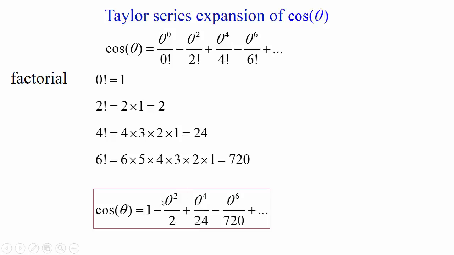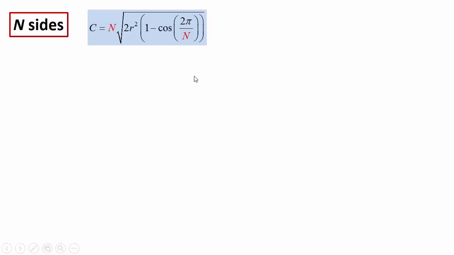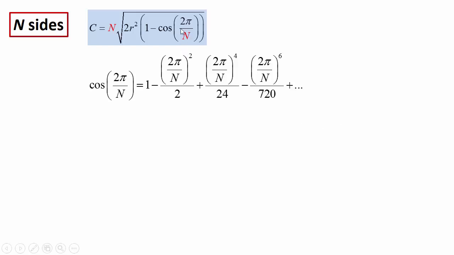Now we can substitute for our angle theta, which is 2 pi over n. So substituting 2 pi over n in our previous expression, we obtain cos of 2 pi over n to be equal to what we can see here.